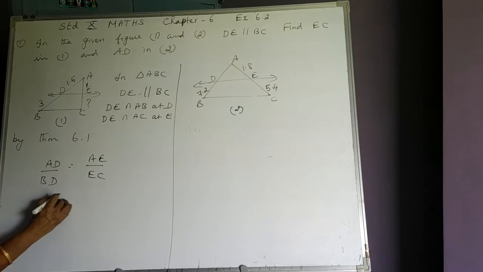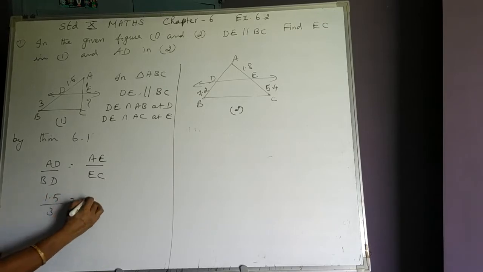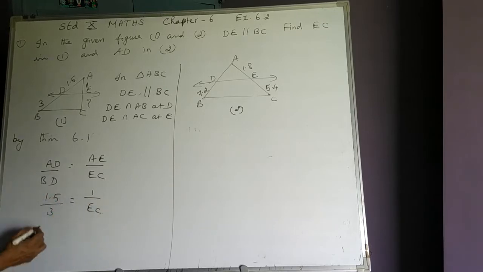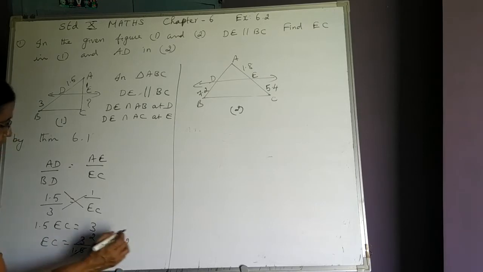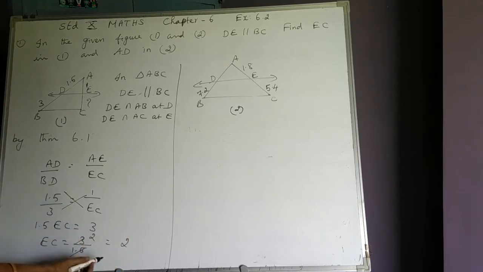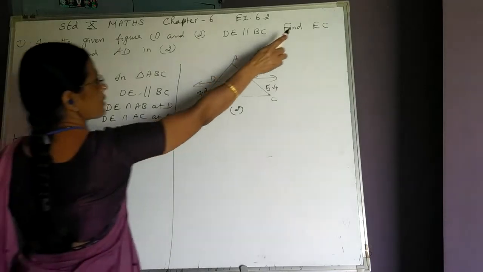Now we substitute: 1.5 upon 3 is equal to 1 upon EC. I cross multiply: 1.5 EC is equal to 3. EC is 3 upon 1.5, which becomes 2. Therefore, EC is equal to 2. That is asked in the first figure.